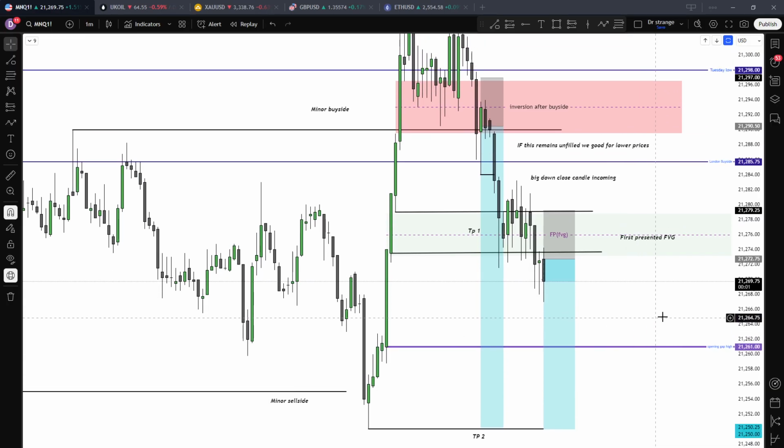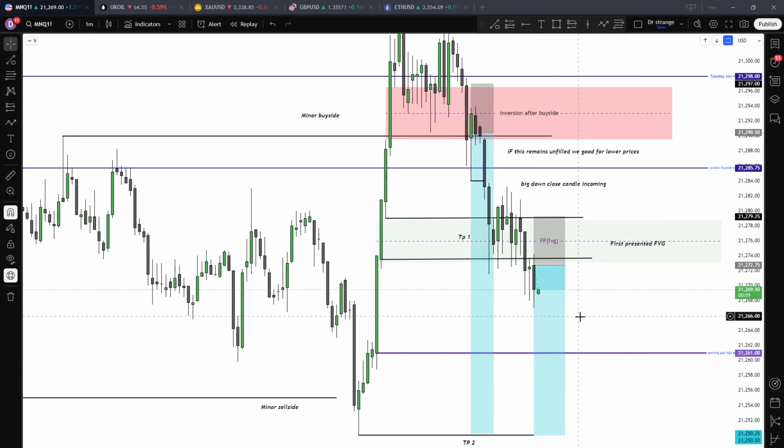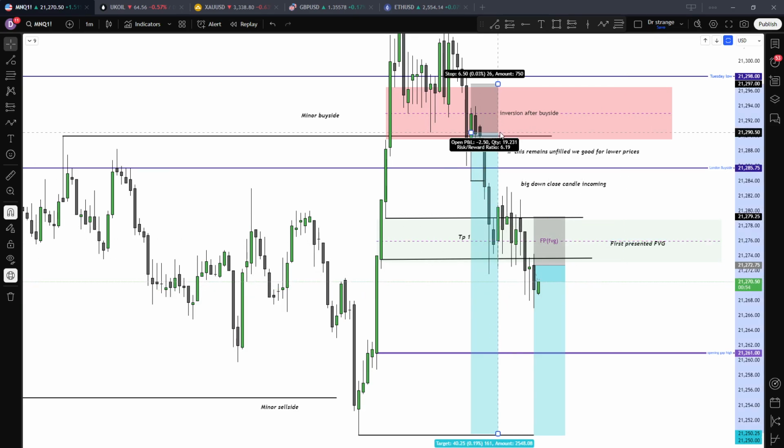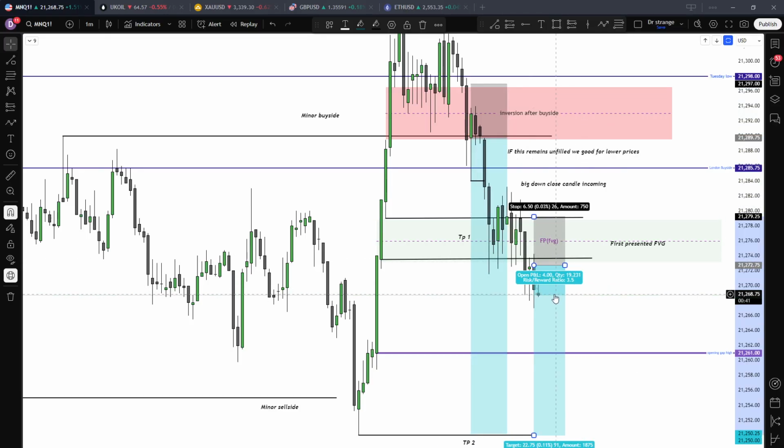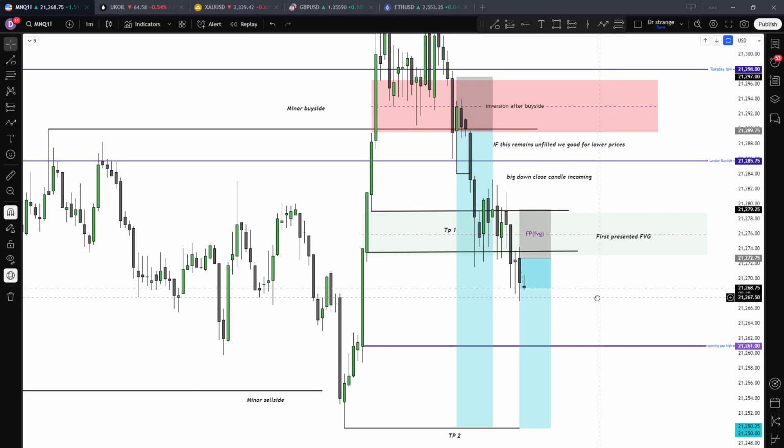Because of total disrespect of this inversion, this one can act as inversion. This is our first trade right here. Second trade is from this inversion. This would have been this inversion, yes.